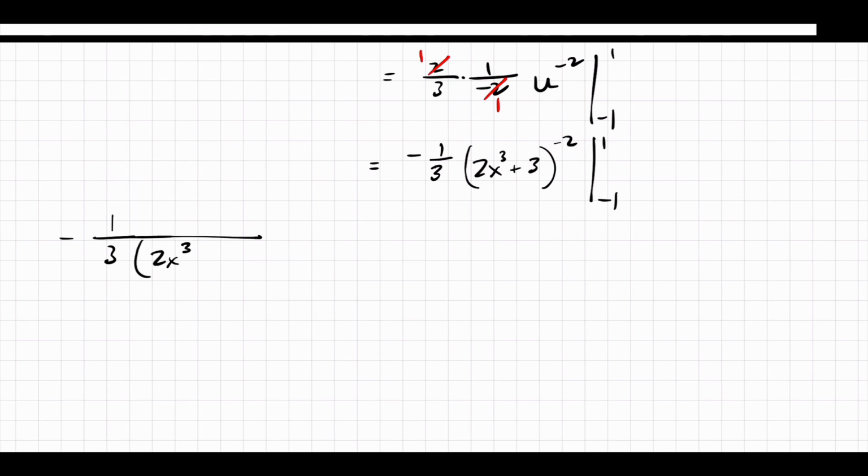And then 2x cubed plus 3 squared would be down here. You don't have to do that, but it's just probably easier. And then plug in 1, plug in -1, subtract them, see what we get.